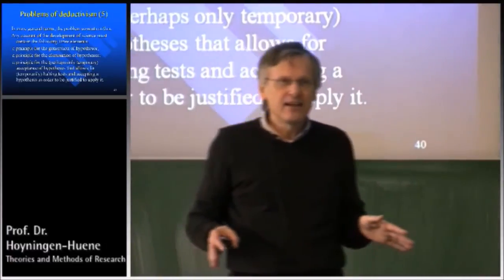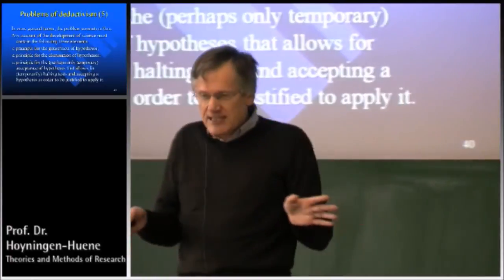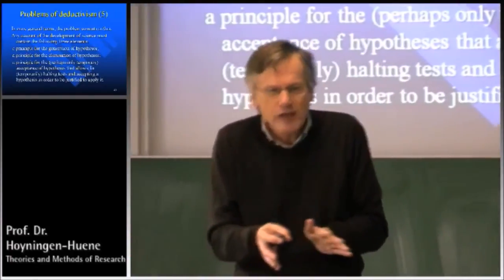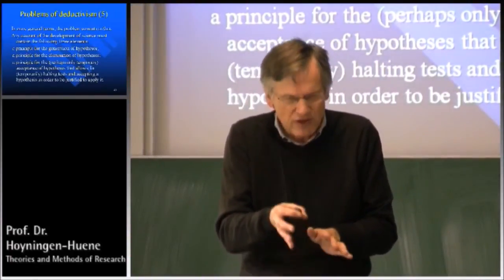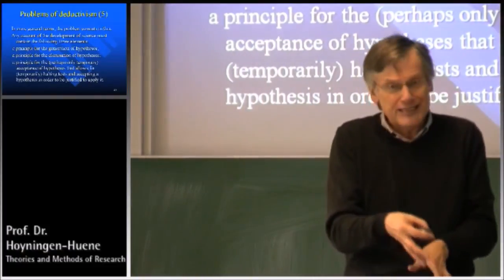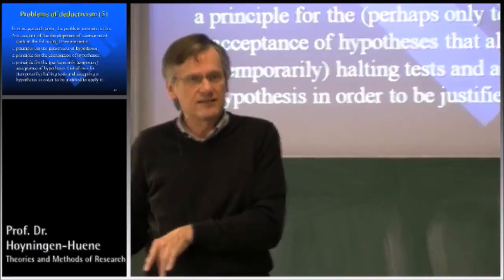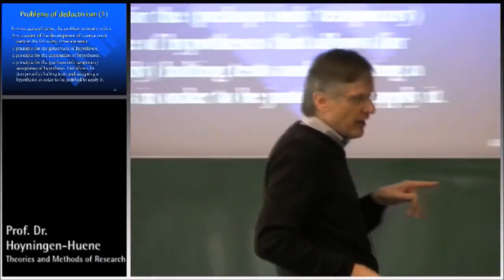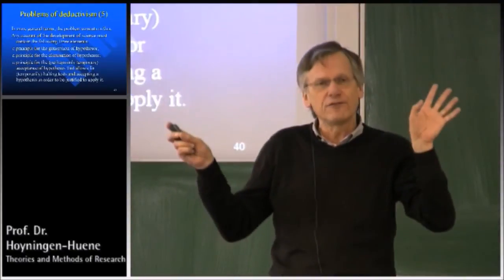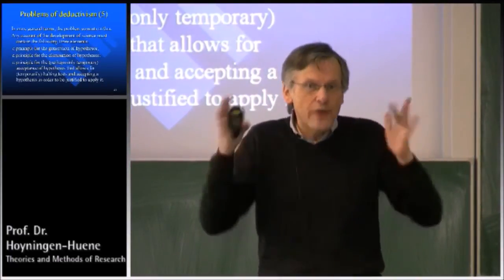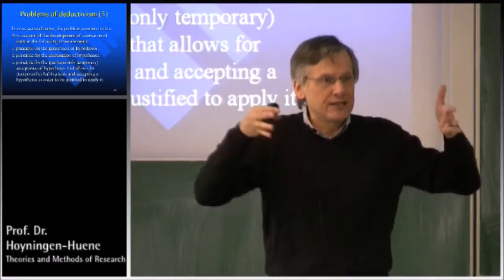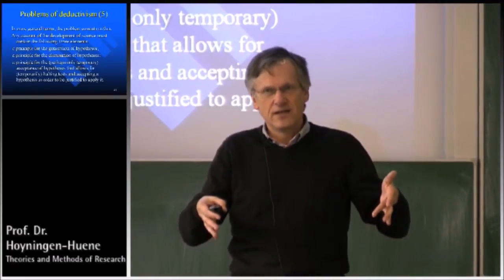There isn't any. It just says, yes, you may accept this as long as it has survived the tests, but at the same time it says, and you must devise immediately the next test. And as I told you before, because a variable can depend on infinitely many different variables, you have no way of stopping the tests with a good argument. There is no argument stopping tests in deductivism. And that's a problem.